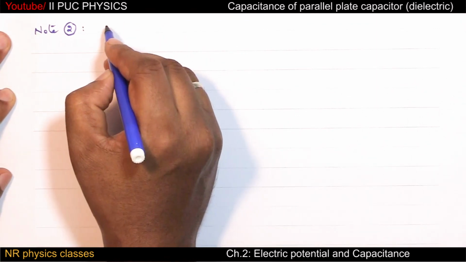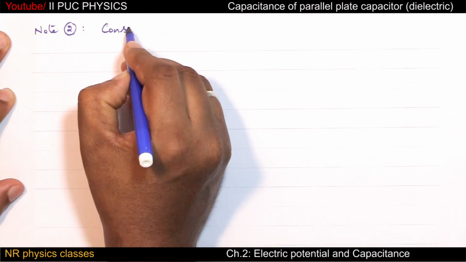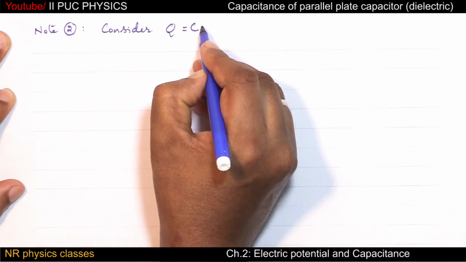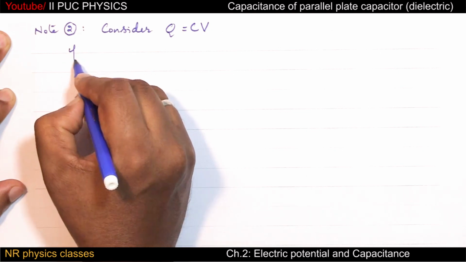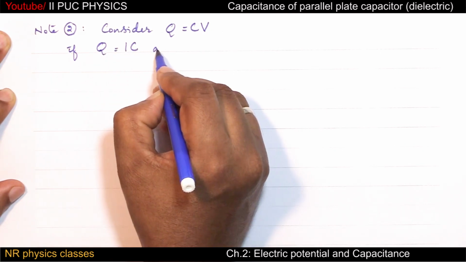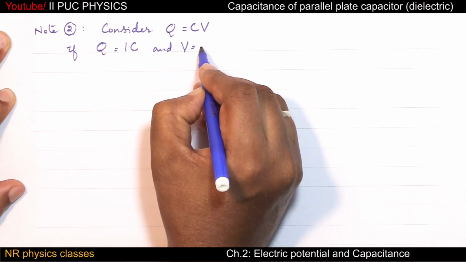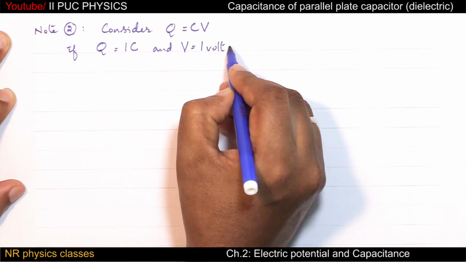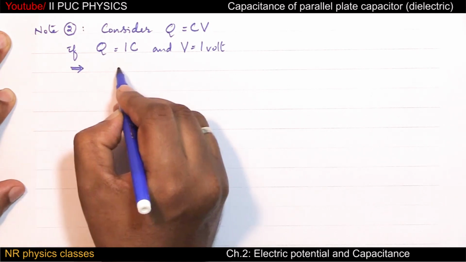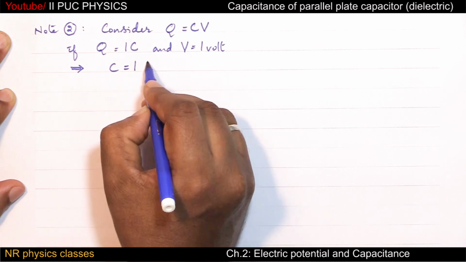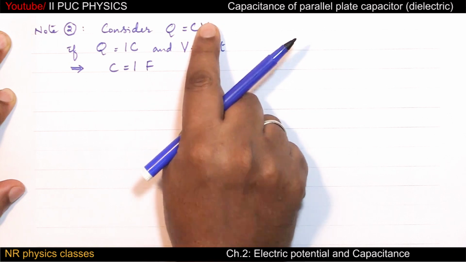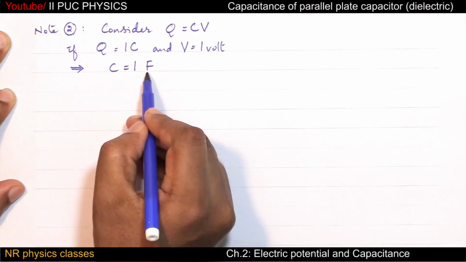Second note, consider Q equal to C into V. If Q equal to 1 coulomb and V is 1 volt, implies C equal to 1 farad. See, if Q is 1, V is 1, then C equal to 1 farad.